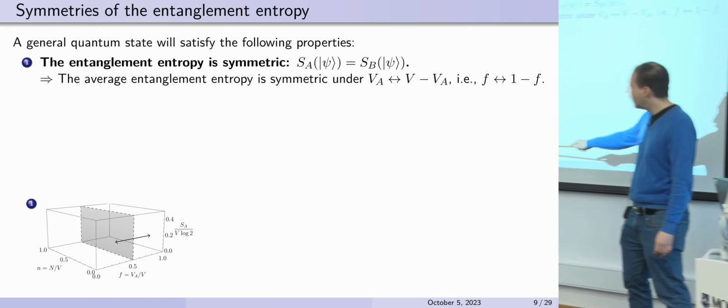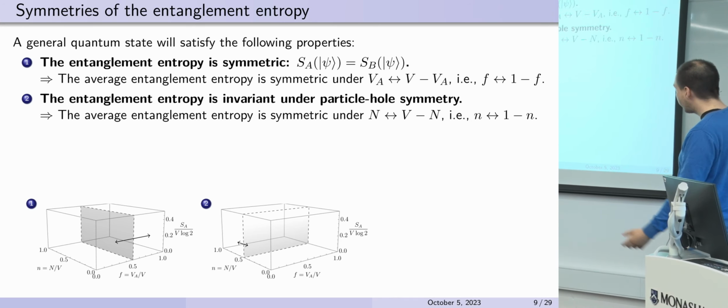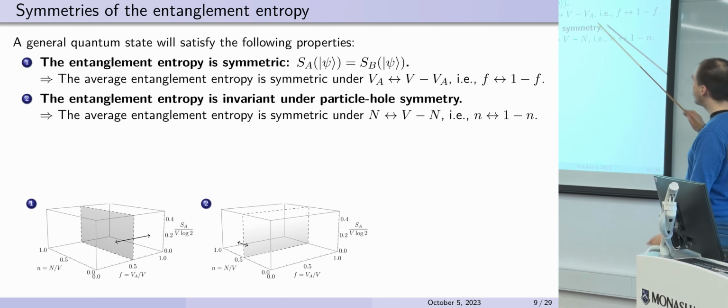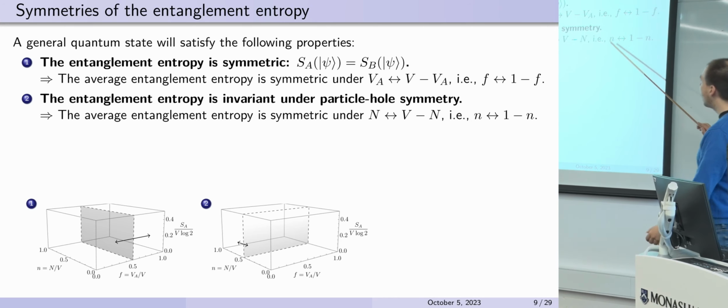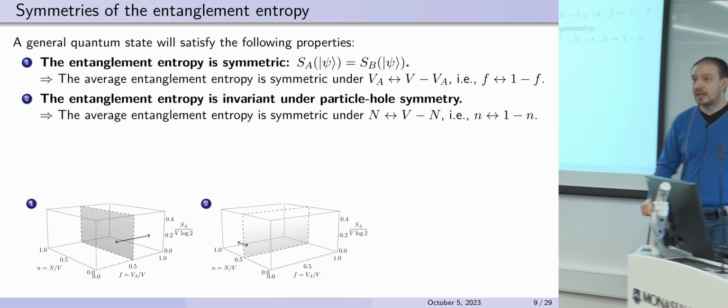That's the mirror symmetry that we already saw before. However, the entanglement entropy also satisfies a symmetry with respect to the particle hole symmetry, which means that if we exchange n, little n, with 1 minus n, it should also be symmetric, which means if we plot with respect to states with fixed particle number, we also expect a mirror symmetry with respect to this axis.